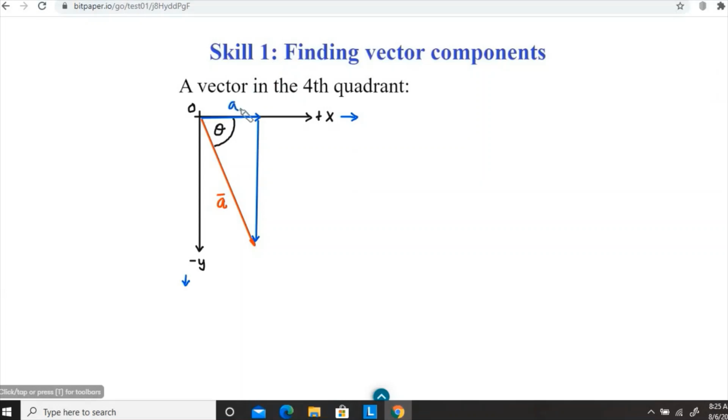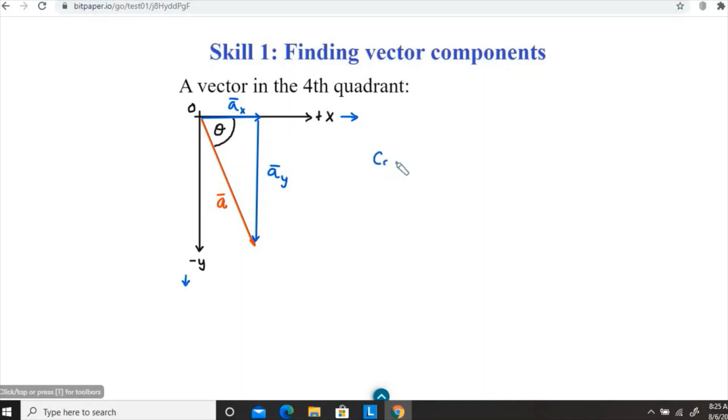This is my ax component, and this would be my ay component. Now you should be able to clearly, very quickly figure out what ax vector and ay vector are, even without going through the definition of the trigonometric functions.